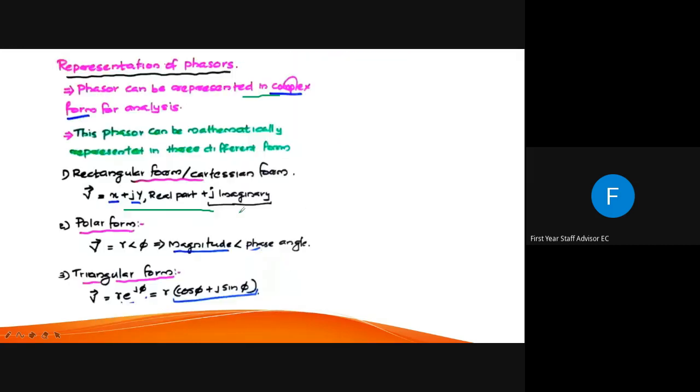And the third one is triangular form, where it is represented as V is equal to R into e raised to j phi, where e raised to j phi is nothing but cos phi plus j sin phi.